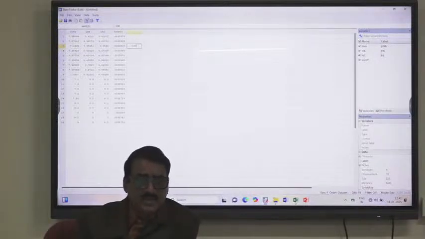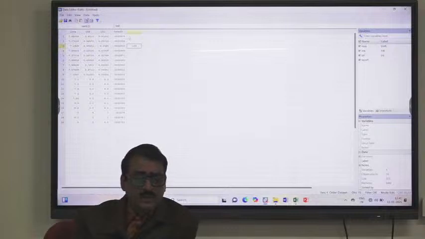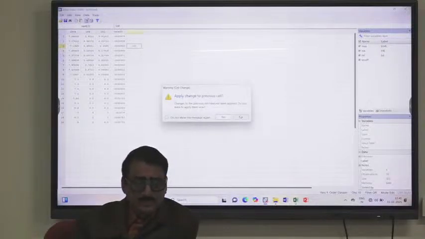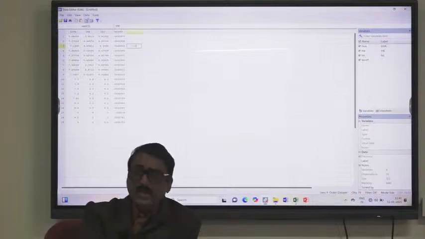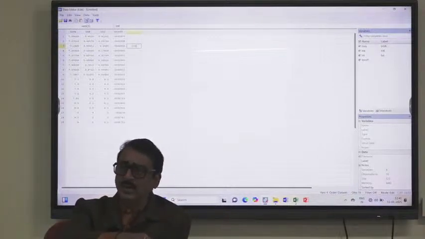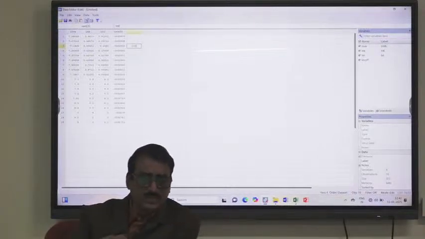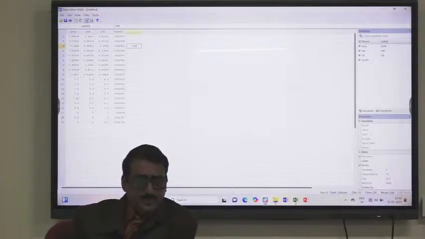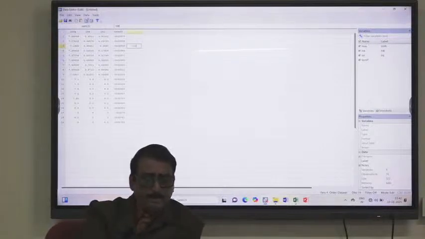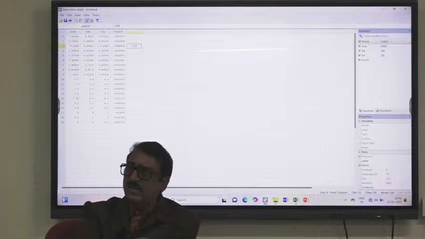If this is 100, then this will be how much? If this is 100, I can accordingly figure out the other estimates. So the 0.00332879 will become how much? Less than 100, obviously.